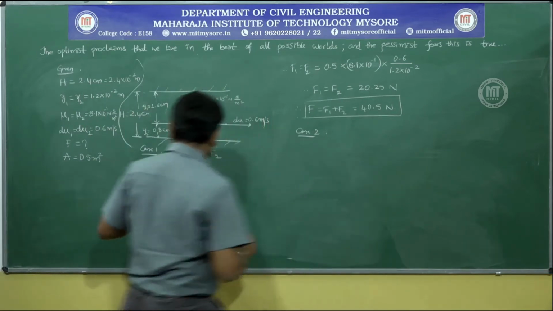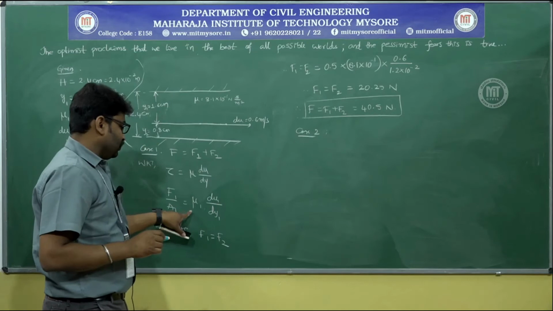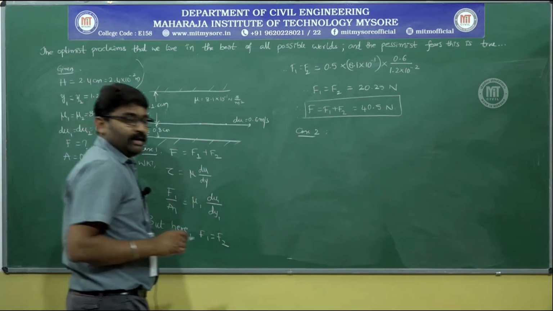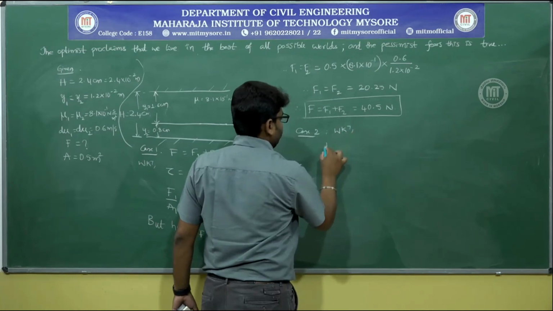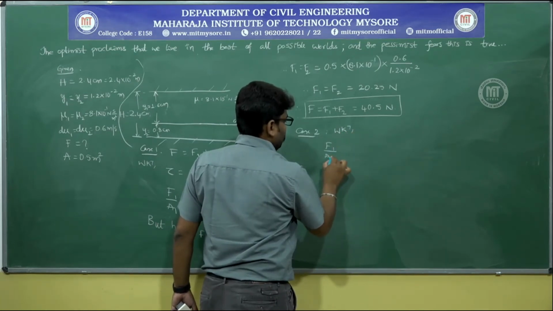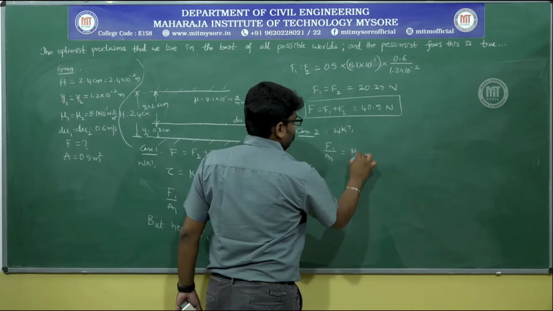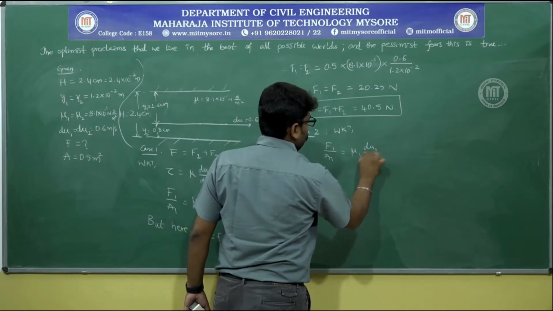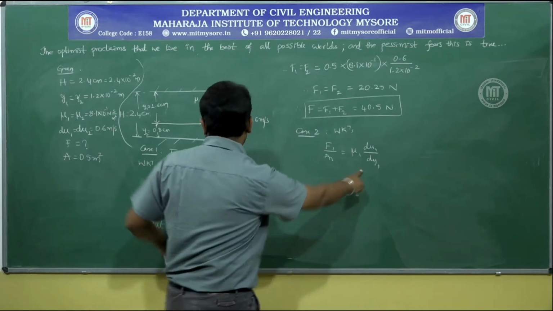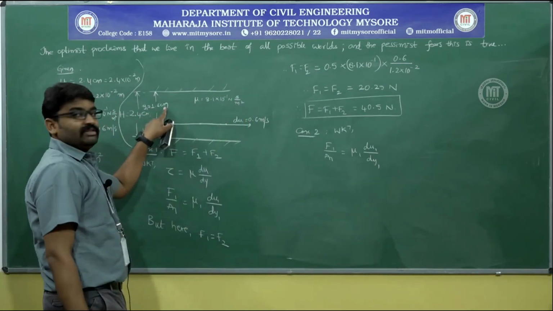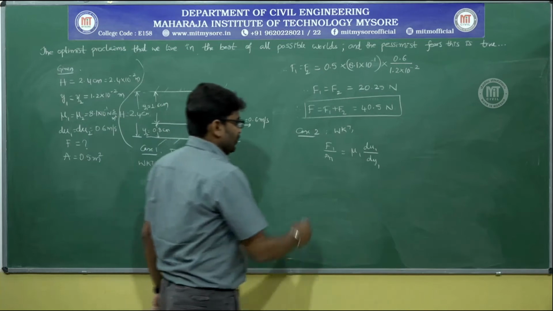Here I already have this equation, F1 by A1 is equal to mu1 into du1 by dy1. Now for case 2 we know that F1 by A1 is equal to mu1 into du1 by dy1. In this case, what is dy1? Nothing but y1, which is equal to 1.6 centimeter.